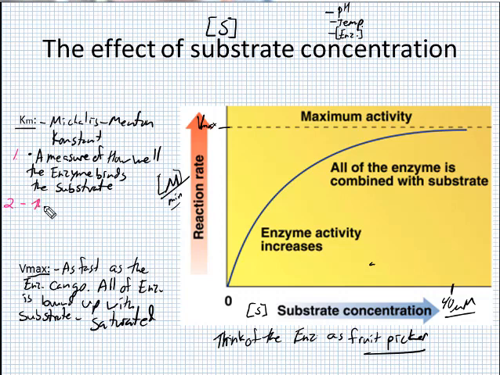It's the substrate concentration, and we use square brackets to denote concentration, so we read this as the substrate concentration that gives 1/2 of the Vmax.